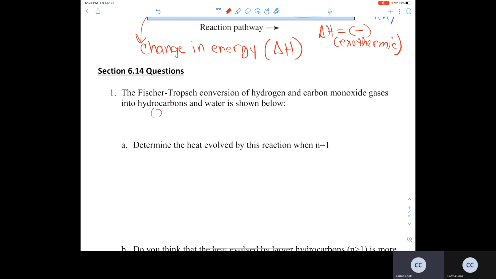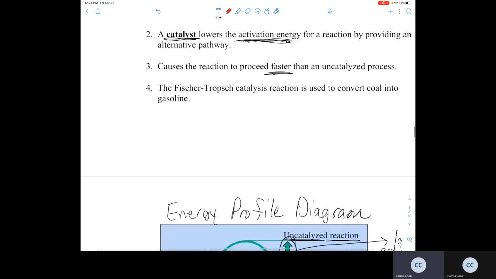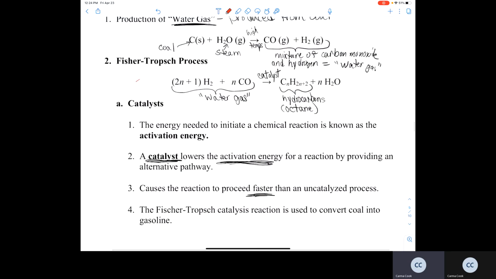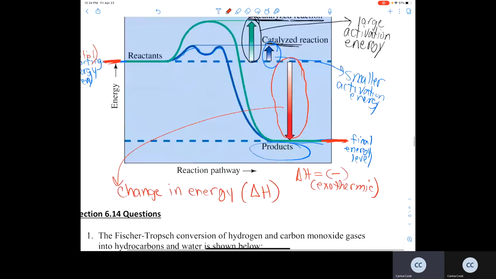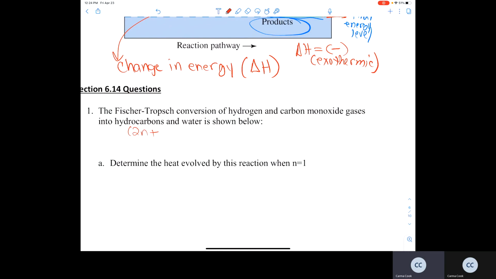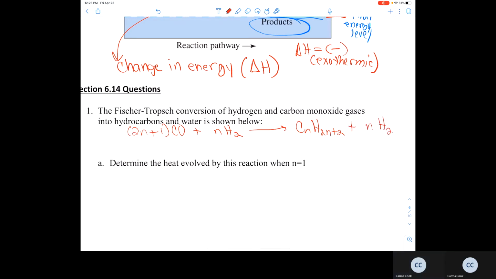Again, we're just repeating our same Fischer-Tropsch reaction here. I forgot to write that in on this problem. It's 2n plus 1 H2 plus n CO, producing CnH2n+2, that's a hydrocarbon, in particular an alkane, plus n water molecules.